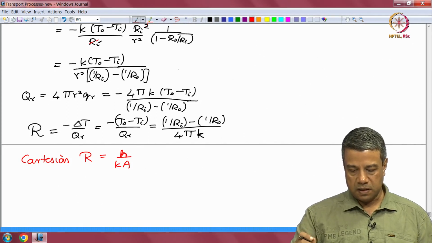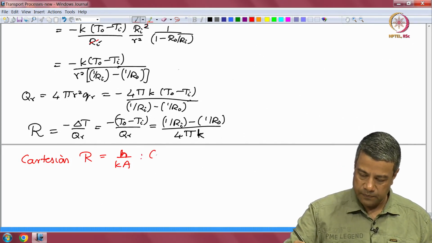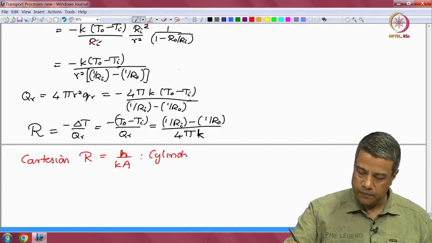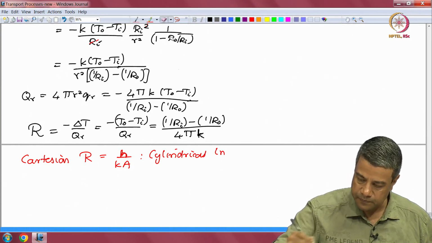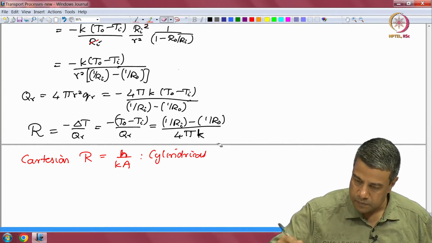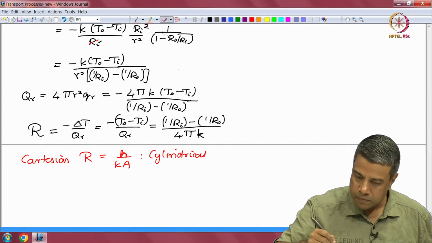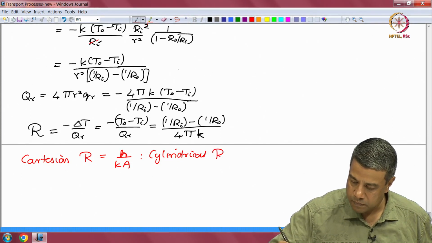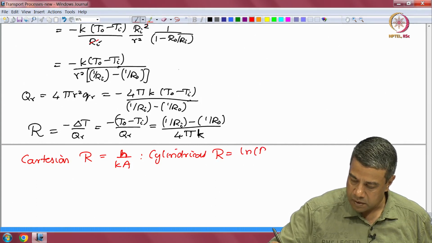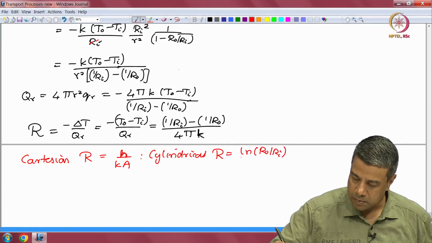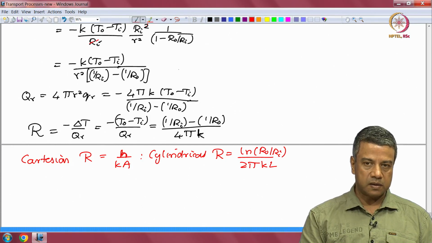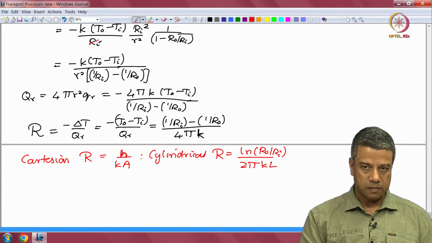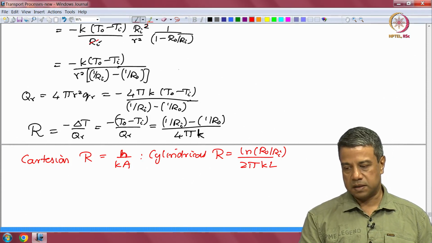For a cylinder, this was the natural logarithm, ln of Rho by Ri, by 2 pi K L, where L was the length of the cylinder along its axis, perpendicular to the cross section of the cylinder.